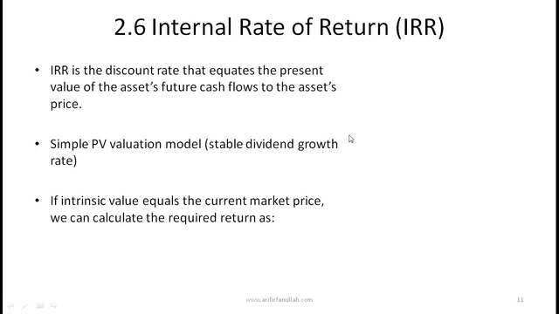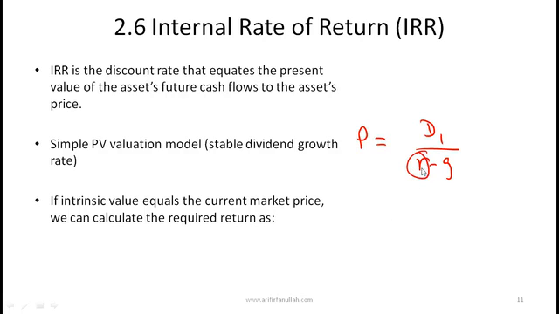This uses the IRR concept. When we say that the price of a given stock is the present value of the future cash flows, assuming constant growth, what's the present value of a growing perpetuity? It's the payment over R minus G. So this is an application of IRR.